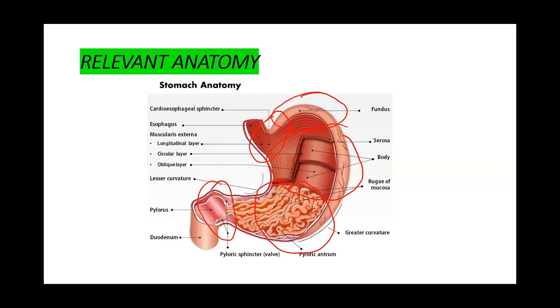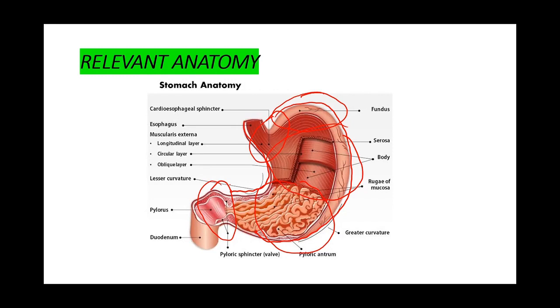Why is it important? Because if you have a perforating gastric ulcer, it might perforate to involve the structures on the bed, like the pancreas commonly. It has the curvatures, the greater curvature and the lesser curvature. The stomach is a muscular structure.